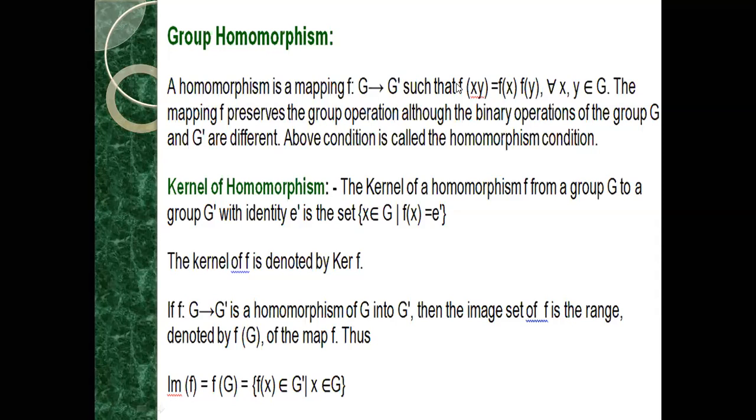A mapping from G to G dash is said to be a homomorphism if it satisfies the condition f of x star y is equal to f of x star f of y. Suppose G is defined with binary operation plus and G dash is defined with binary operation dot. Then f of x plus y is equal to f of x into f of y, for all x, y belonging to G.